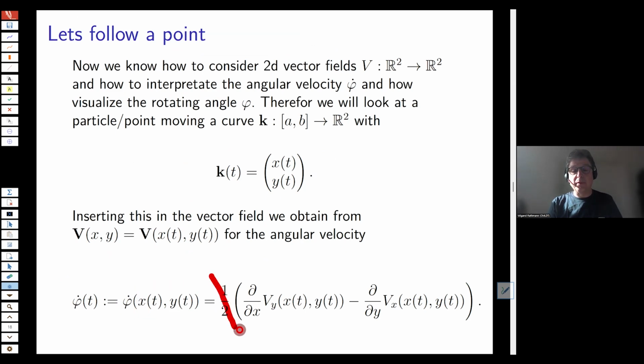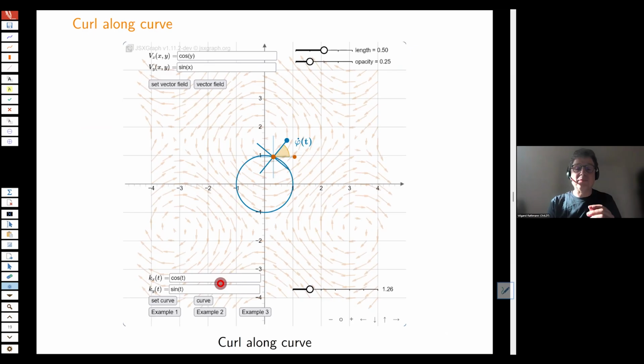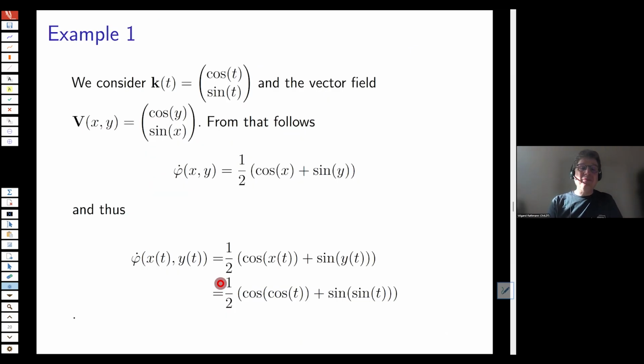And I have again my expression I already described before. But this is a picture we have already seen, but I'm not only interested in phi dot, but at first we need some examples.